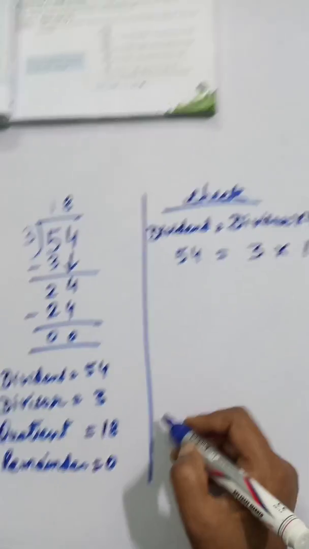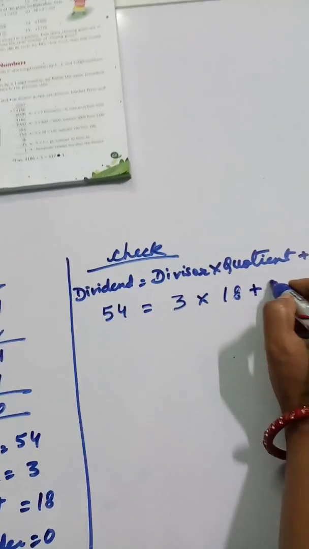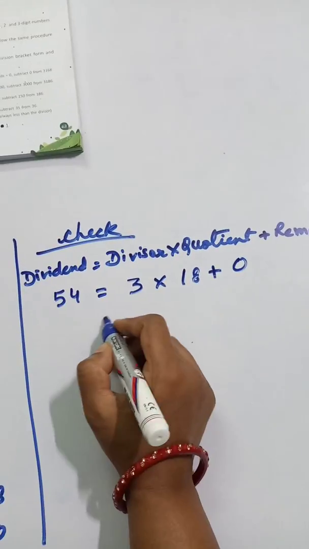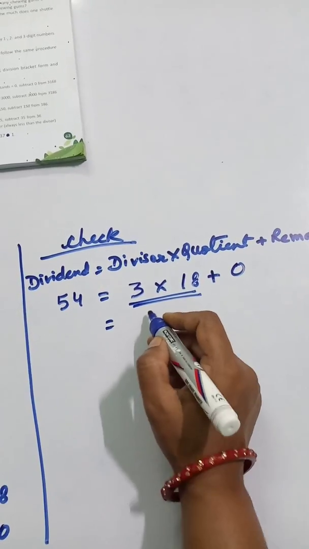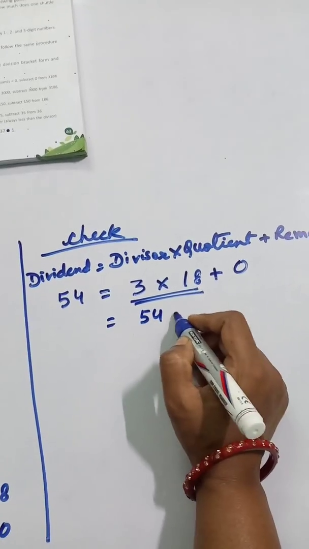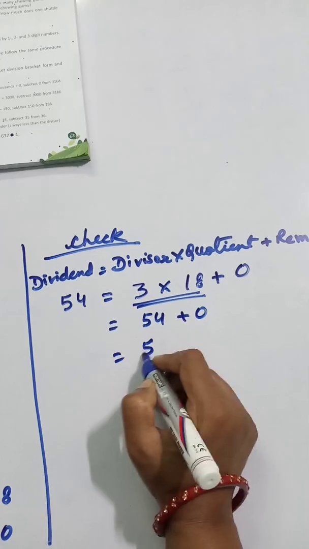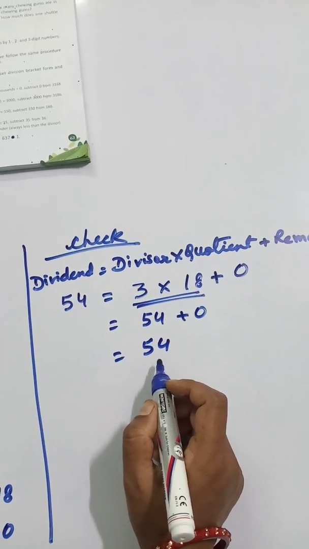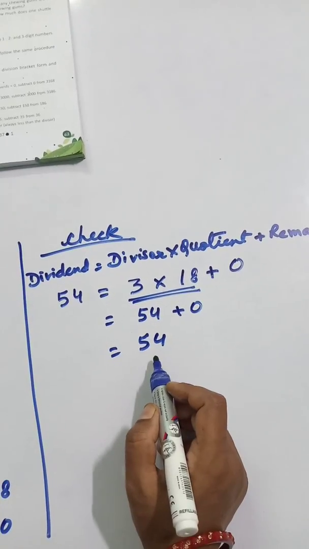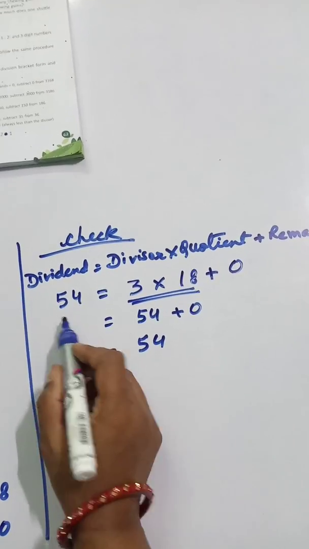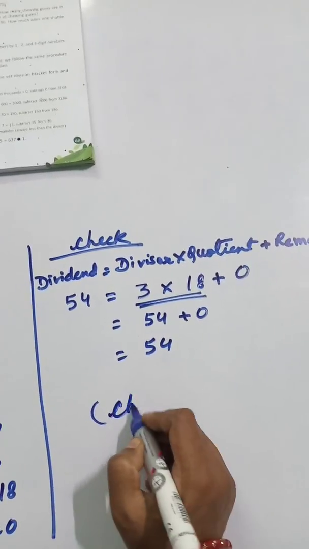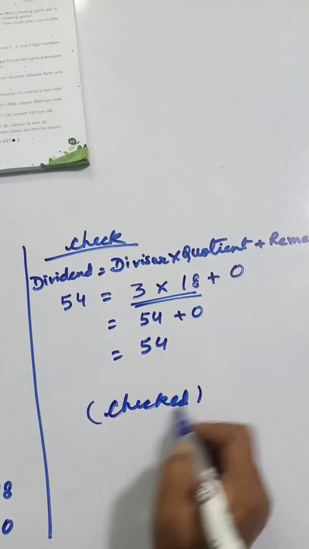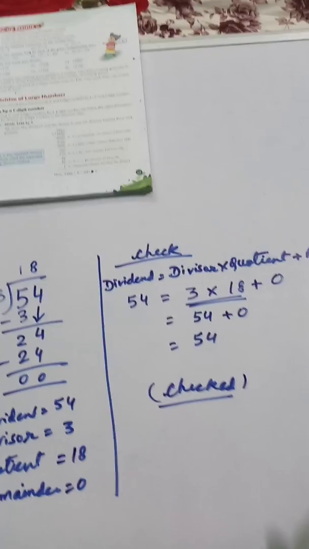Write here 18 plus the remainder is 0. So write here 0. Now children, you need to multiply these two numbers. 3 18s are, so you can do the multiplication in the rough column. We are getting 54 plus 0, that is 54. So you can see children, the dividend and this number are the same. If these are the same, it means your division is correct. So you will write here checked. I hope you are getting it.